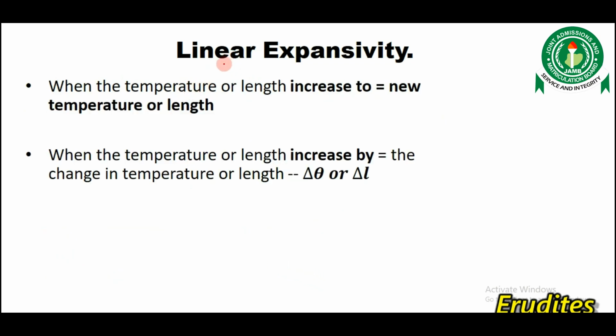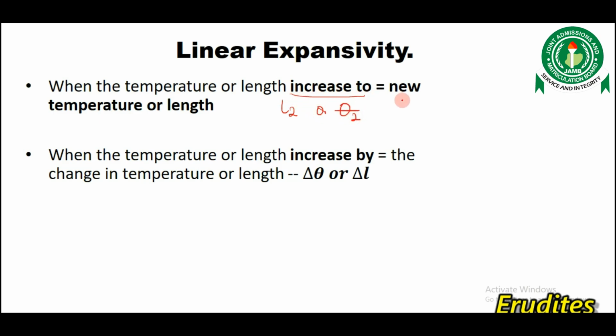One thing you should take note of is that when the temperature or length increased to, that becomes your new temperature or length. So if you see the language, the temperature increased to or the length increased to, you should know that it is your L2 or your theta 2.